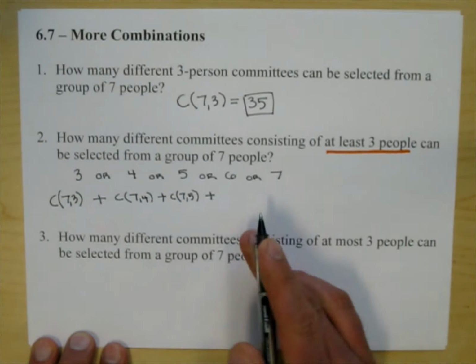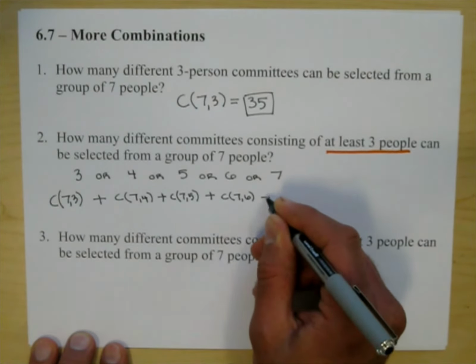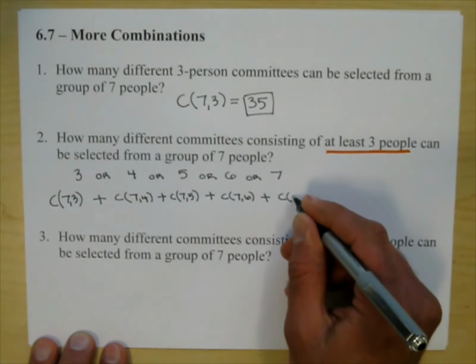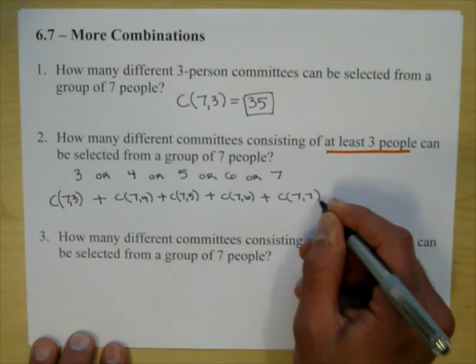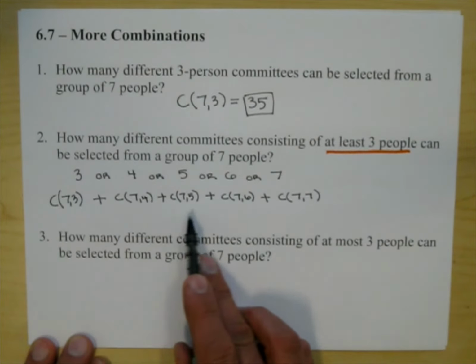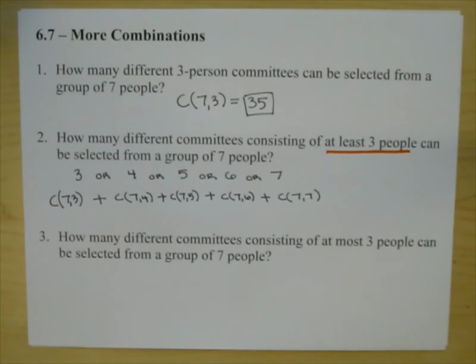Or 6 people, 7 choose 6. Or 7 people, 7 choose 7. So this is the first time we've ever done anything like this with combinations. And we're going to add them up. Well, look what happens when we add up the combinations.